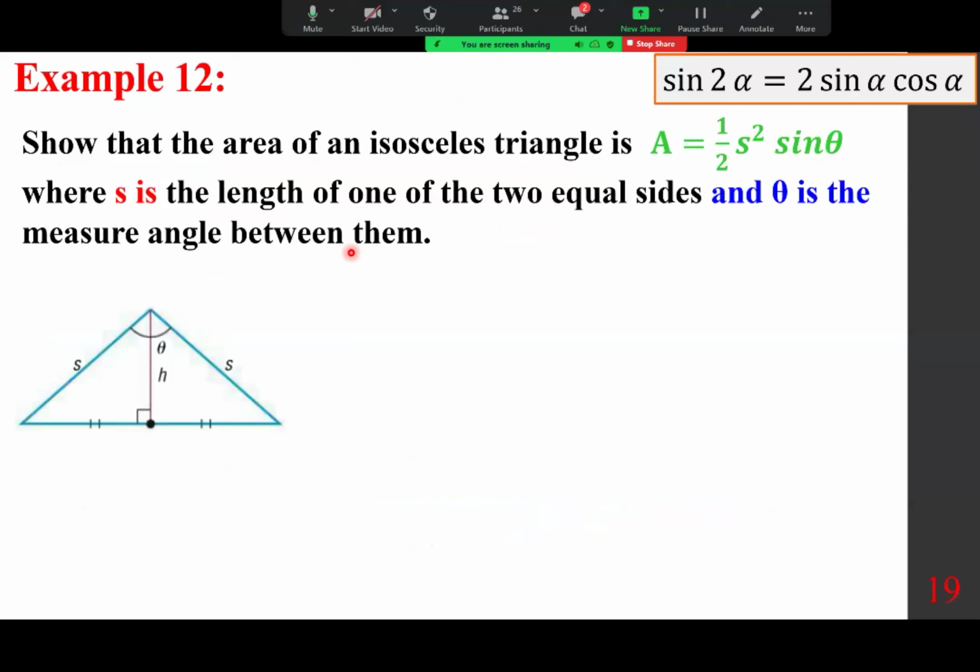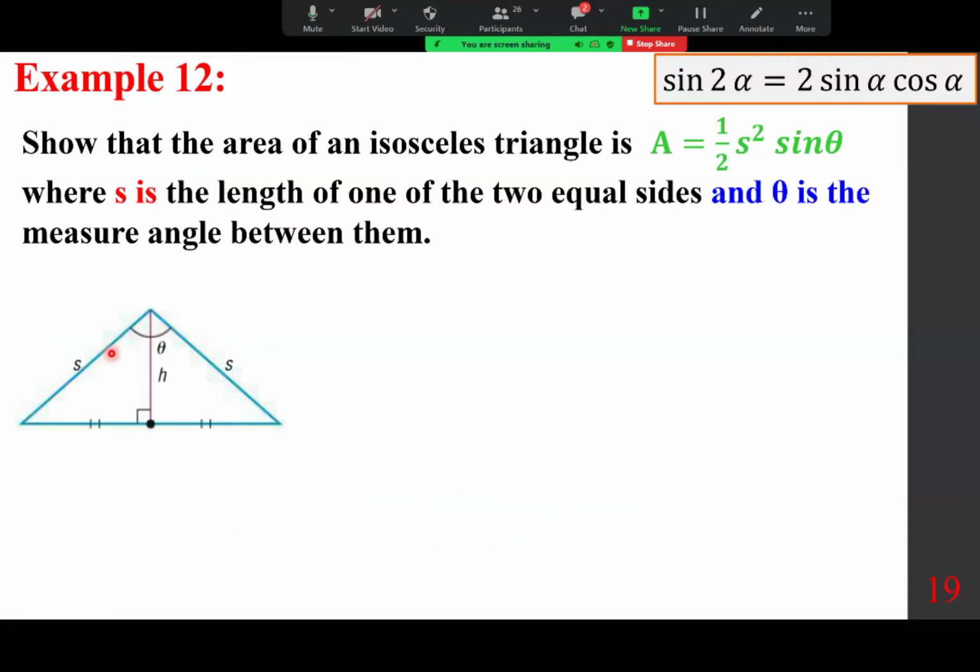Show that the area of an isosceles triangle, A equals half of S squared sine theta, where S is the length of one of the two equal sides, and theta is the measure of the angle between them.